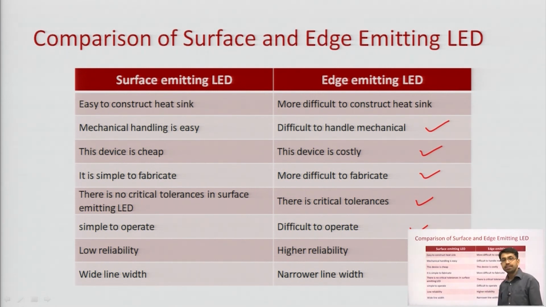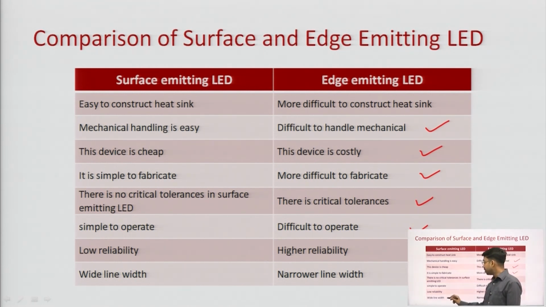But the reliability of surface emitting LEDs is less in comparison to edge emitting LEDs. Surface emitting LEDs are much less reliable, and this is the main advantage of edge emitting LEDs, that they are very reliable in comparison to surface emitting LEDs.